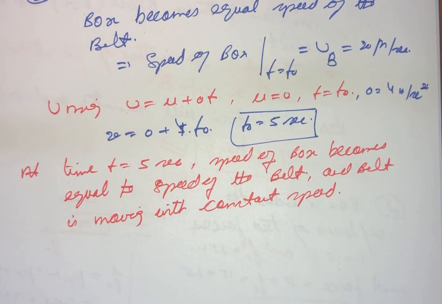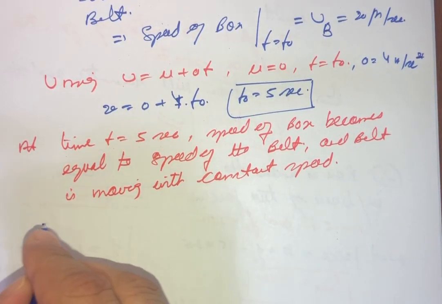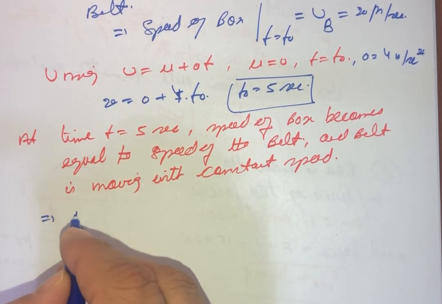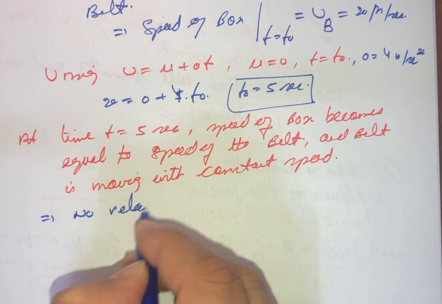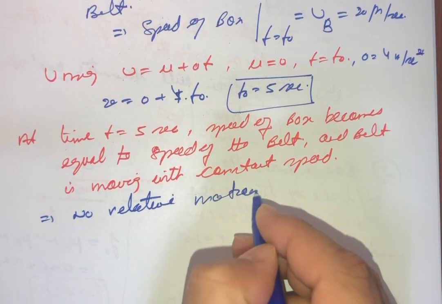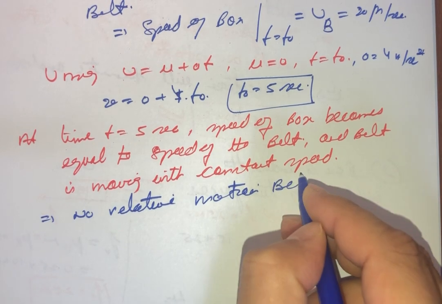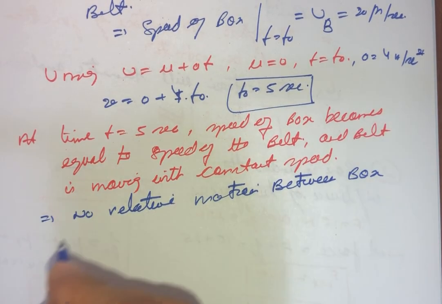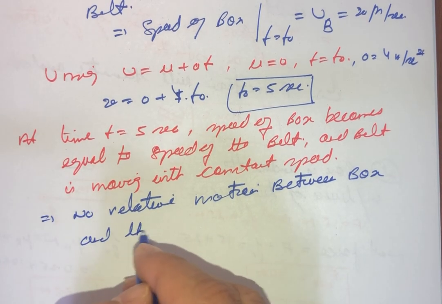So as their speed becomes equal, there will be no relative motion between the box and the belt.